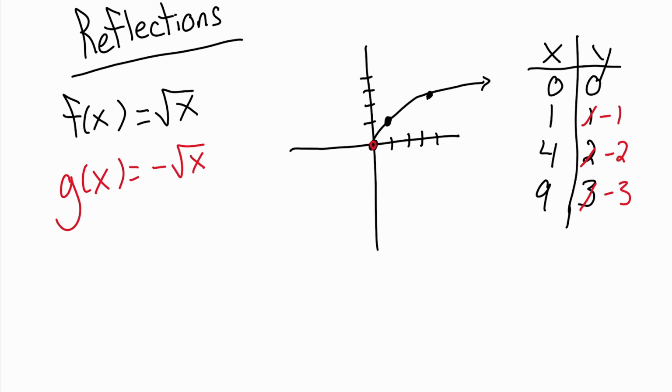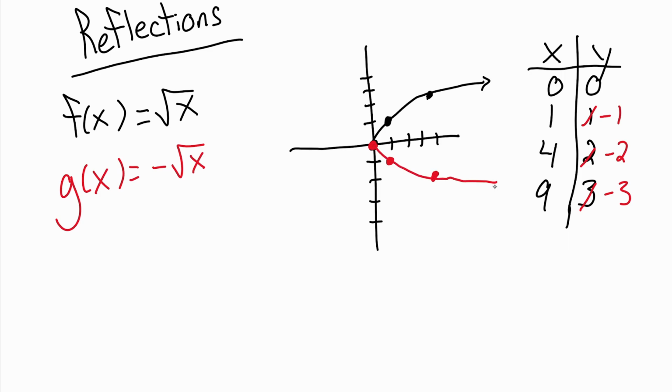So we're going to have a point at 0, 0. I didn't label any of the y-axis values because I didn't need them. But now we'll go ahead and put those in here, right? 1, negative 1. 4, negative 2.